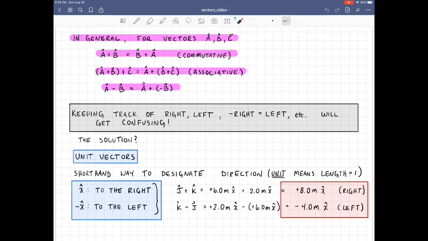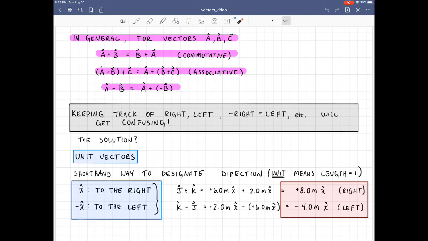Going to make the algebra much easier to follow and much simpler when we're setting up problems. Now, one thing that the book does is that when we're working in one dimension, unit vectors are sort of unnecessary to include, because if all of your vectors are pointing along the x direction, then saying plus x hat and minus x hat is too much information.